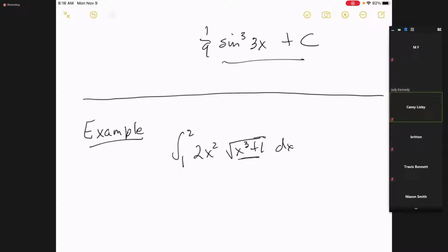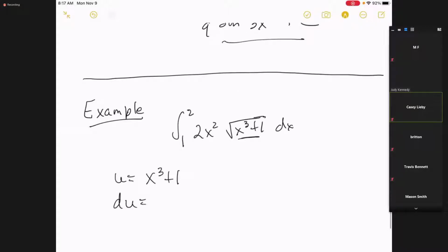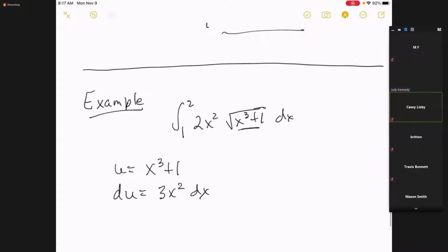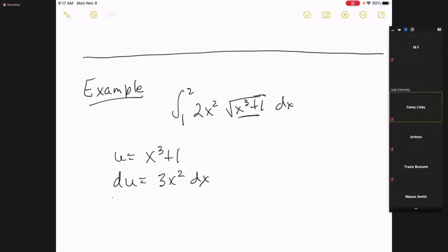But that 2, 3 thing, we can easily adapt for that. So I'm going to let u equal x cubed plus 1. So du is 3x squared dx, and 1/3 du is x squared dx.